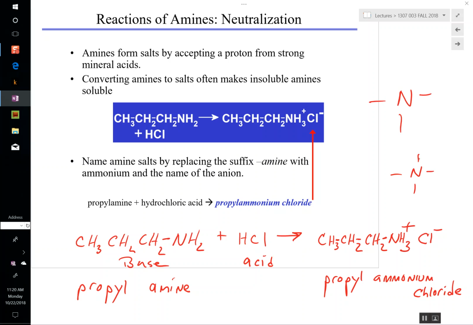It has 3 hydrogens, and it has a propyl group. It has 4 things around it. No longer do we call it an amine, we call it an ammonium something. In that case, it's propyl ammonium chloride. This thing has a positive charge, and there's a chloride ion next to it with a negative charge. It's a salt.